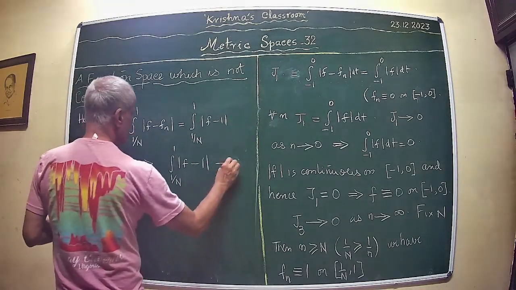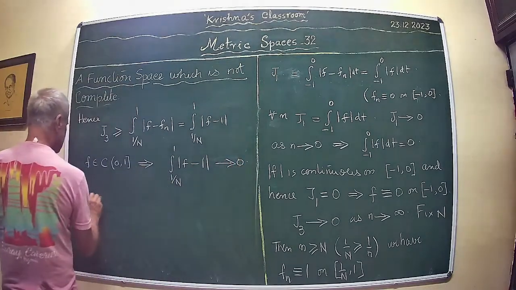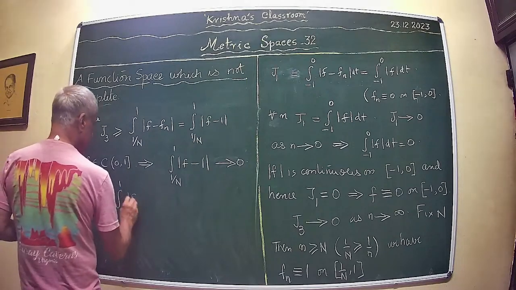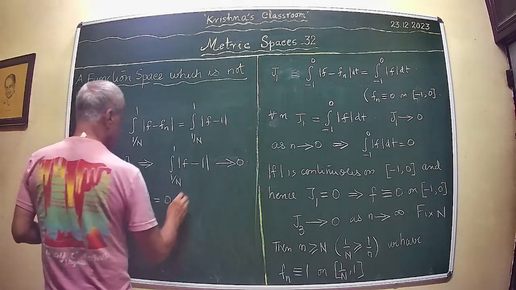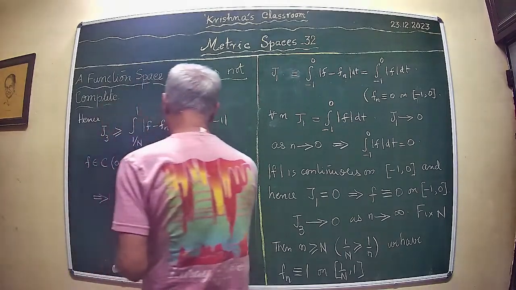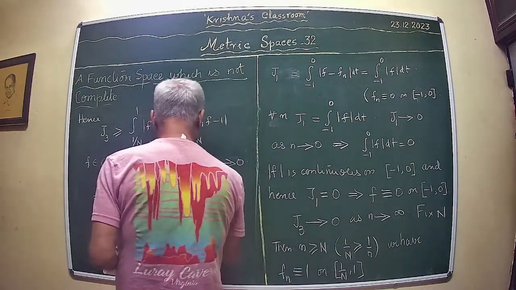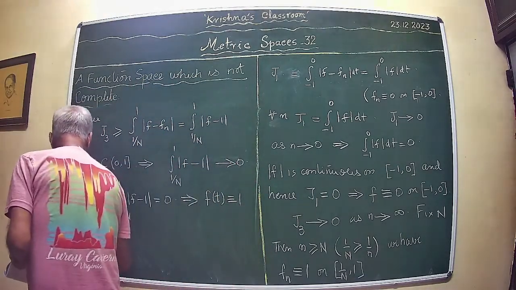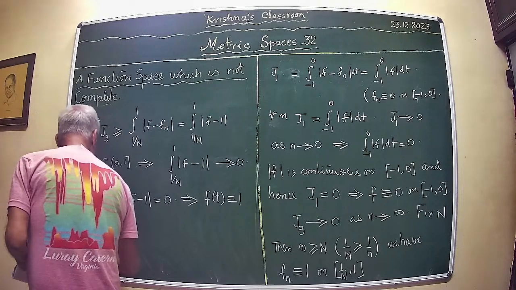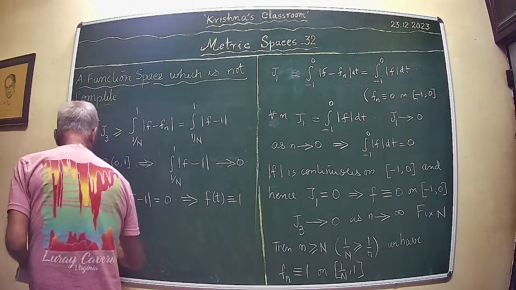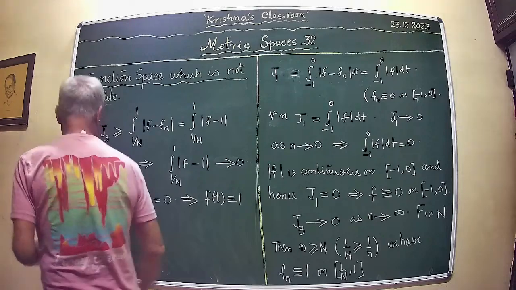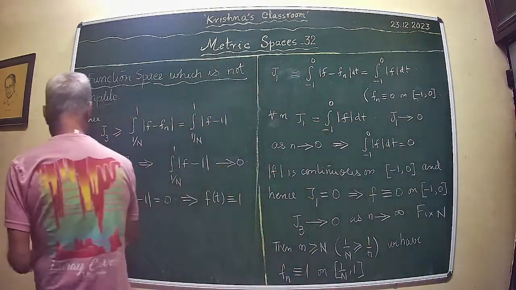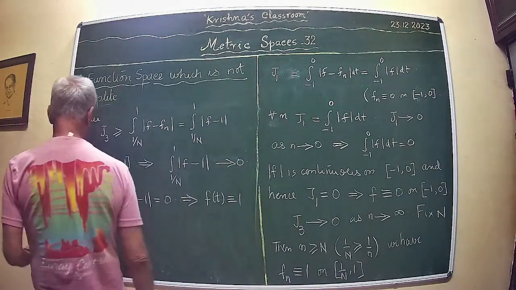This goes to 0, which implies integral 1 by n to 1 is zero, which implies, since this is a continuous function, that f is equal to 1 on 1 by n to 1, or at least on this part, it's a material at one point.